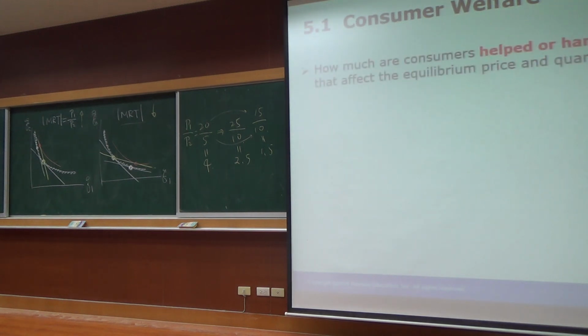Consumer welfare. So how much are consumers helped or harmed by shocks that affect the equilibrium price and quantity? So there is some external shock to the market, and the market price or quantity may be affected.